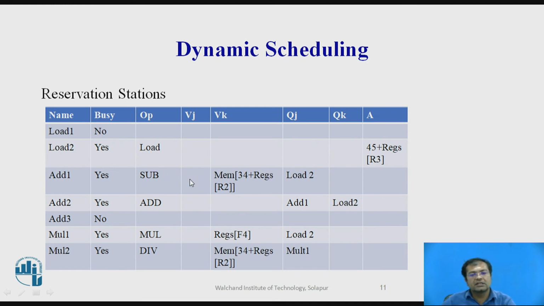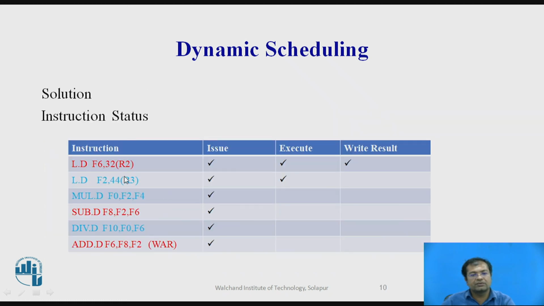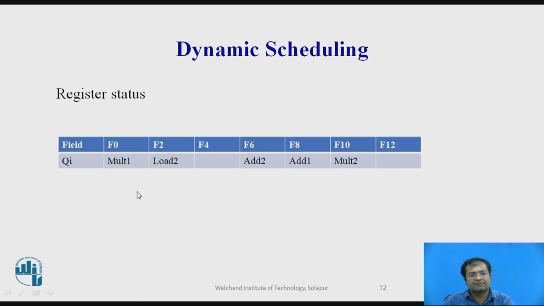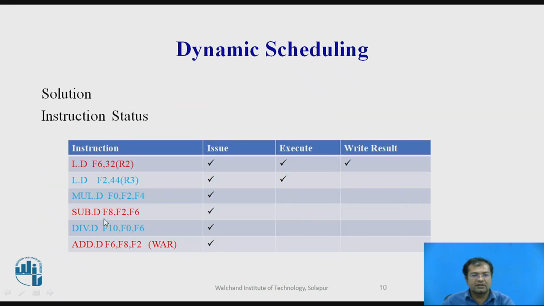The main point here is that the order is modified compared to this one because of dependency. This is how Tomasulo helps in reordering the instructions. This is the register status: register F0 holds the multiplication result.